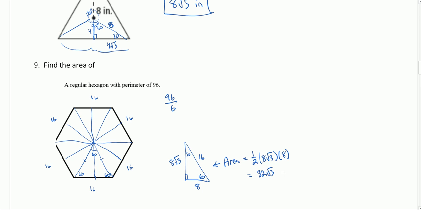And so the area of the hexagon is 12 times 32 root 3. 32 times 12 is 384 root 3, and it doesn't give us the units, so I'll just say square units.